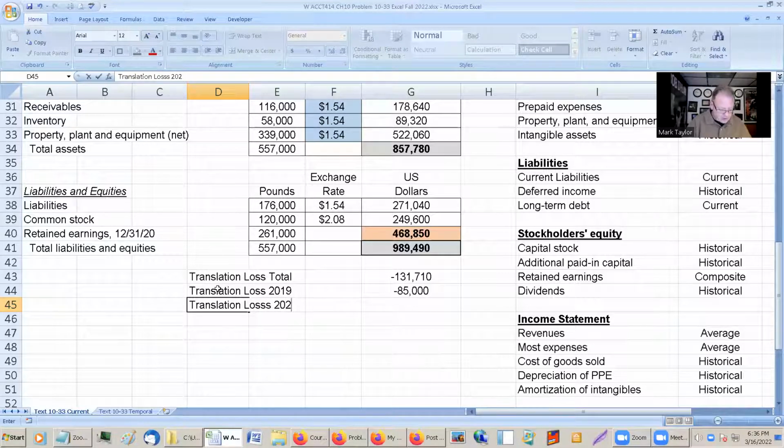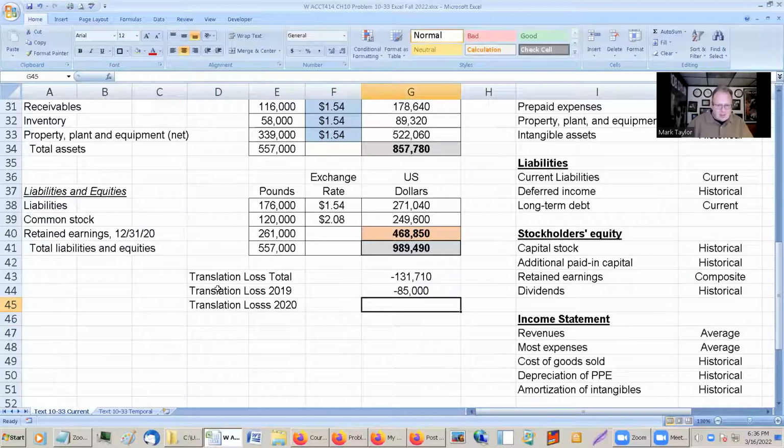So if 85,000 came from last year, would I have to add these? No. Let's try that again. The translation loss that would have come from this year would have been 46,710.